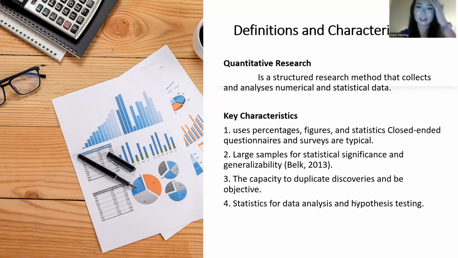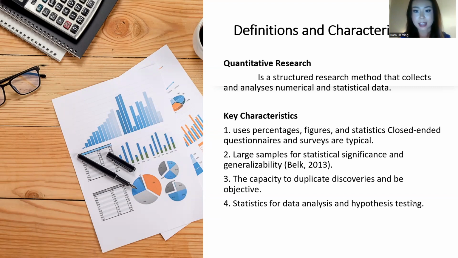Hi, class. Hello, professor. Quantitative research is a structured research method that collects and analyzes numerical and statistical data. There are several key characteristics. Number one, using percentages, figures, and statistics. Close-ended questionnaires and surveys are typical. Number two, large samples are needed for statistical significance and generalizability.